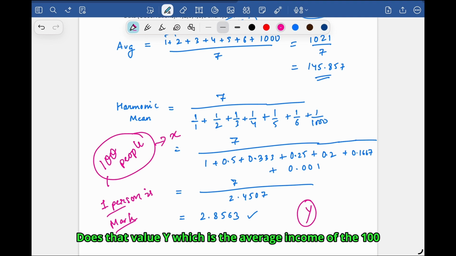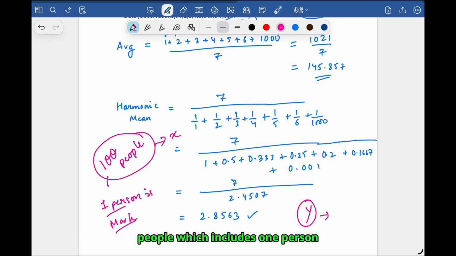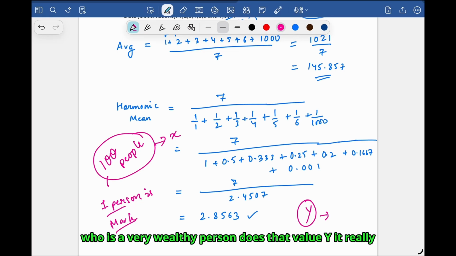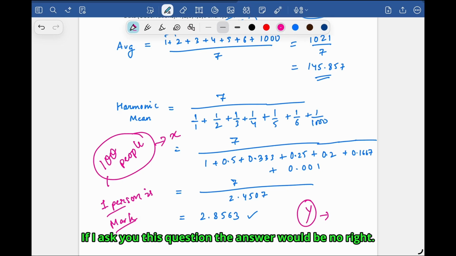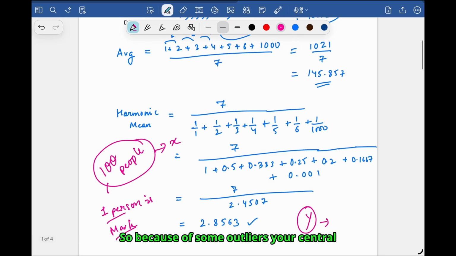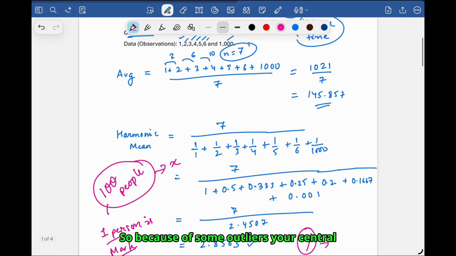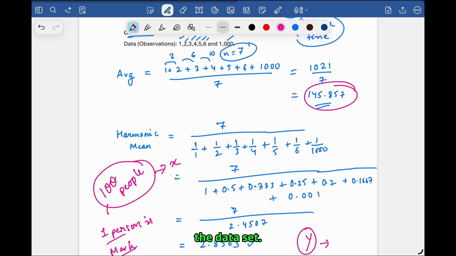Does that value Y, the average income of the 100 people including one very wealthy person, really depict the average income of most of the people? The answer would be no. Because of some outliers, your central tendency will be wrong for the majority of the data set.